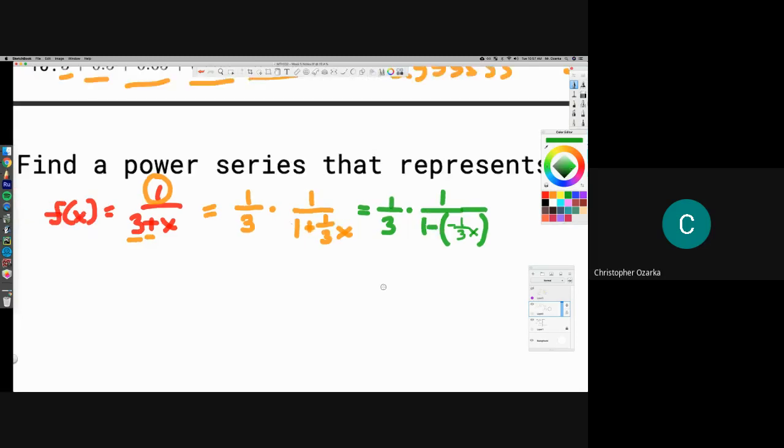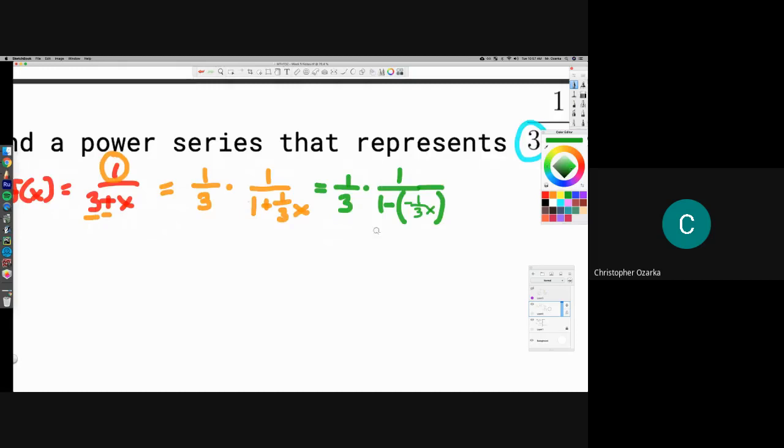We can just keep it there and then deal with it later. But now we have that function that looks like that power series, that geometric series. This right here is your r. Questions so far? Everything's equal here, I think.